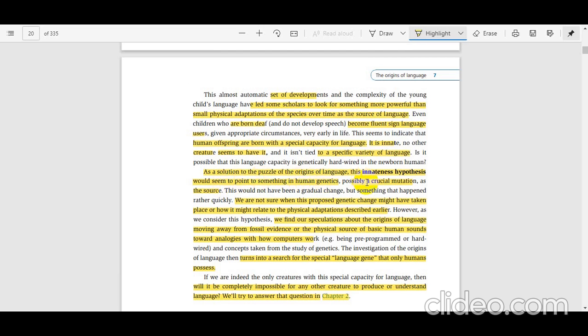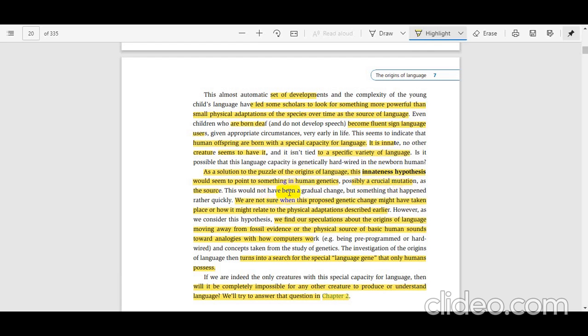Now, of course, it will be a turning point. The innateness hypothesis of having the ability to speak is very significant in the investigation of the origins of a human language.